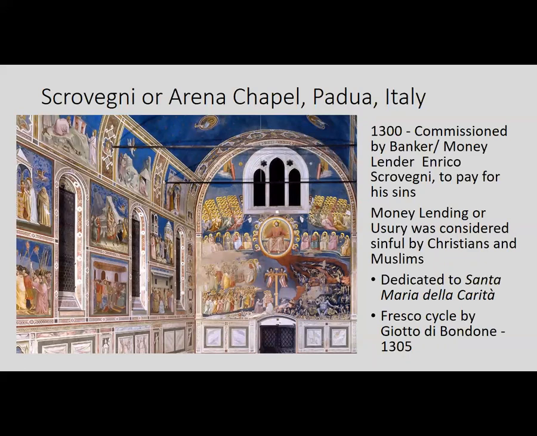It's against their religion. I don't know if he was Jewish or not, but Enrico Scrovegni wanted to pay for his sins. And he might have been a converso. That was somebody that was a lot of times forced to convert from Judaism to Christianity during the period of the Inquisition, or sometimes people would just convert because they wanted to.